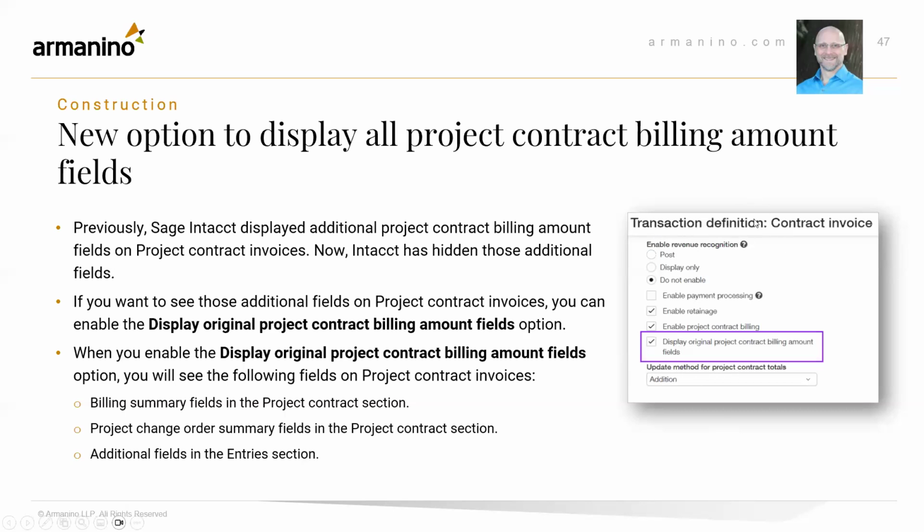So it is per transaction definition that is powering whatever document you're looking at. There is this display original project contract billing amount field checkbox. And so if you want to show that additional information, when you click on that, then it shows things like the billing summary fields in the project contract section, the project change order summary fields in the project contract section, and then additional fields in the entries section.